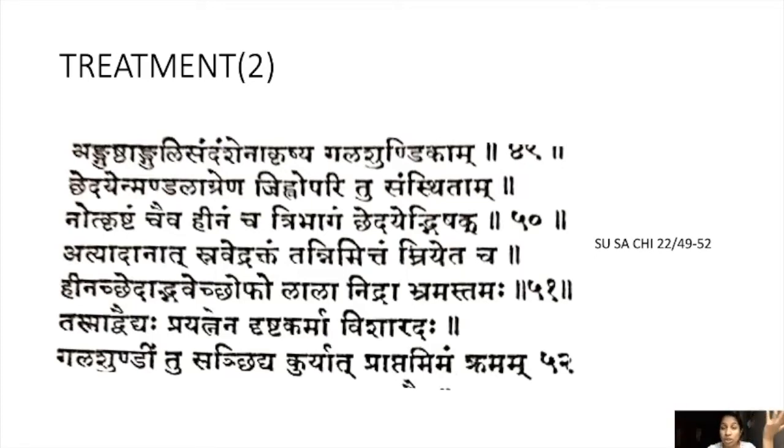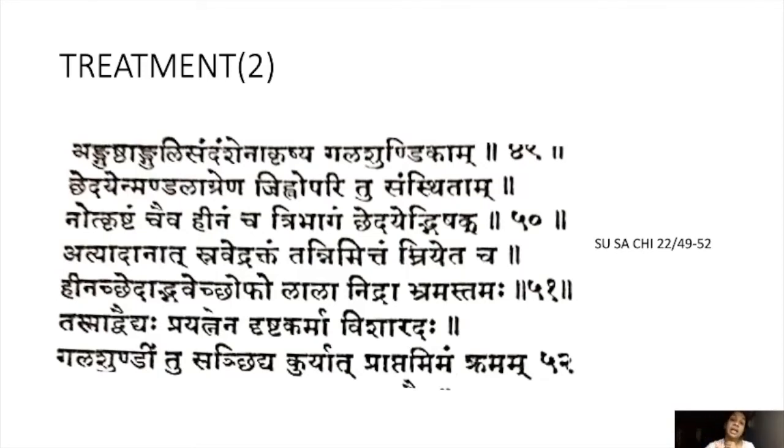Jihva Ubaritu Samstidam: that will be on the top of the Jihva. Na Utkrishtam cha evam Hinam cha Tribhagam Chedayed. So it should not be more and not be less, and it should be in the Tribhagam.